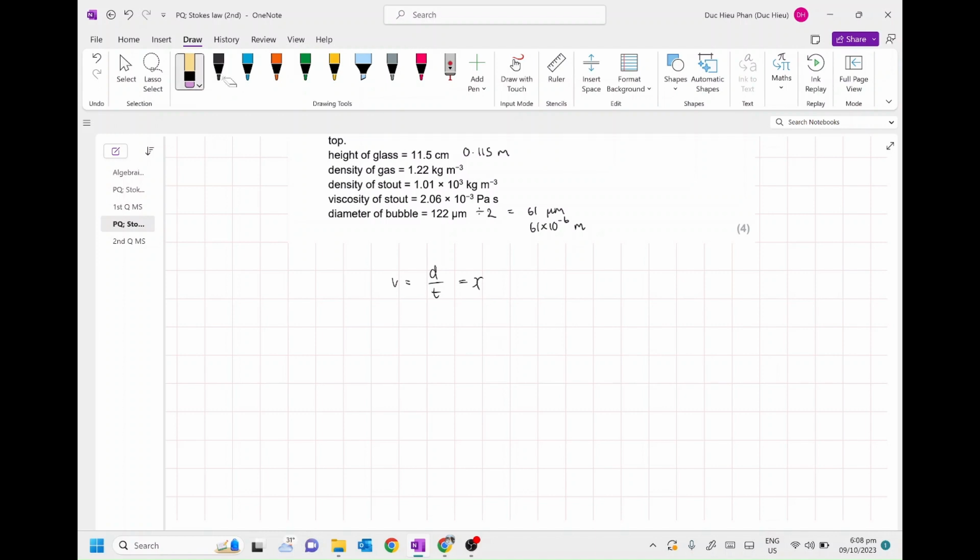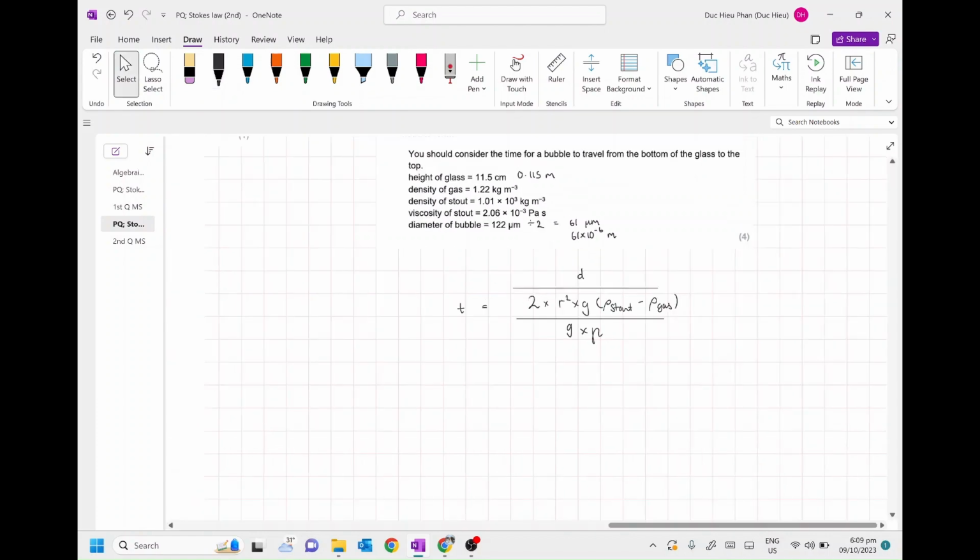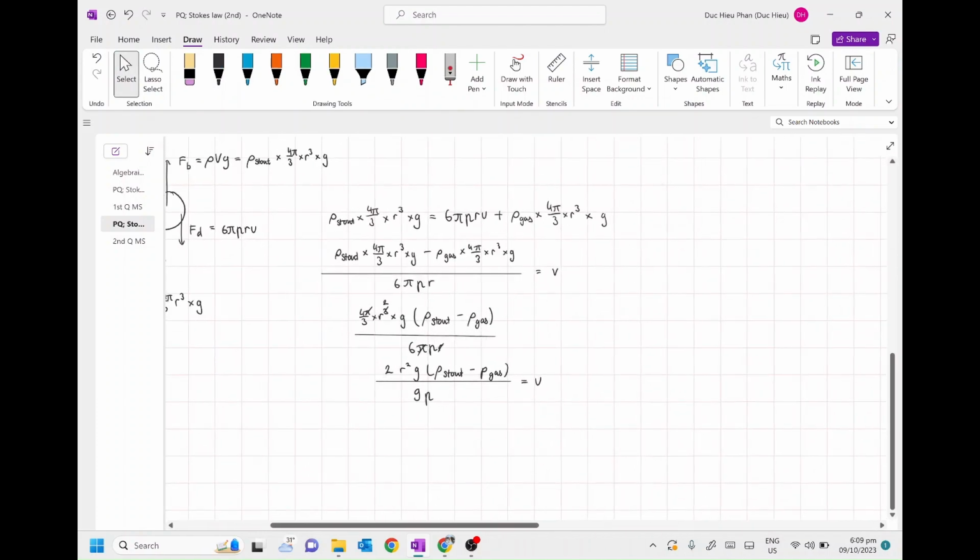And so how we're going to rearrange the equation is that time is equal to distance over 2 times r squared times g times the density of the stout minus the density of the gas, over 9 times eta. Okay. Alright. That should be what we need.